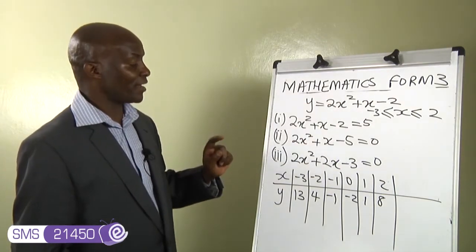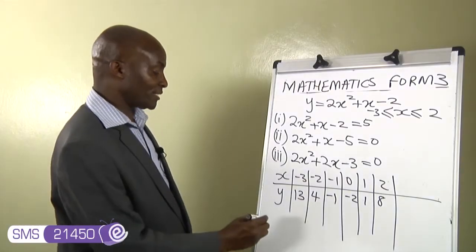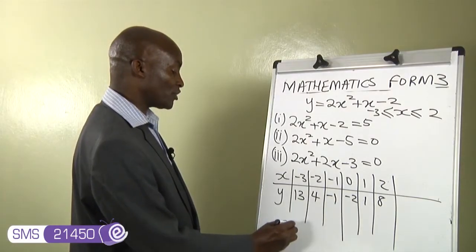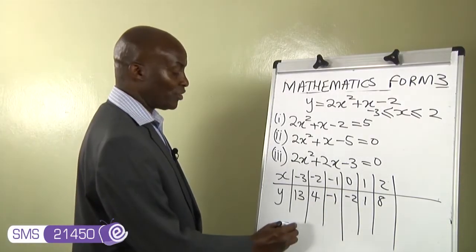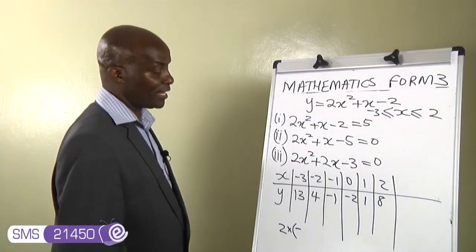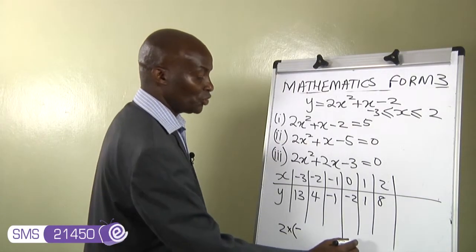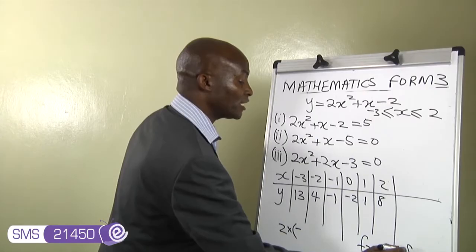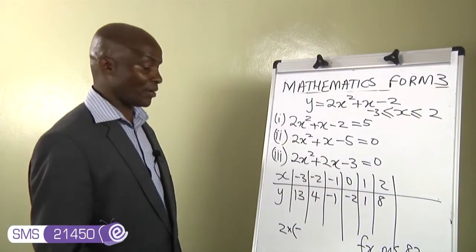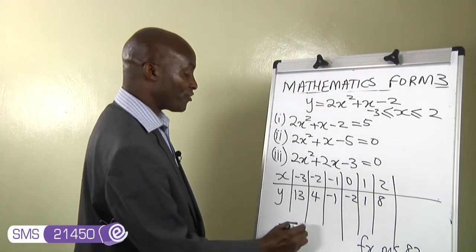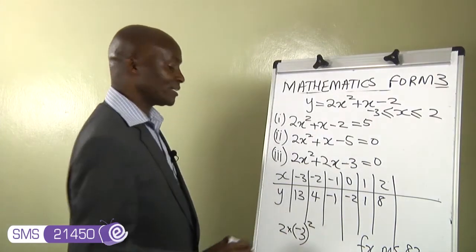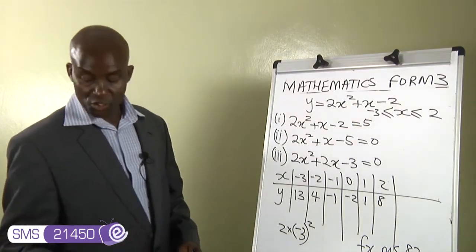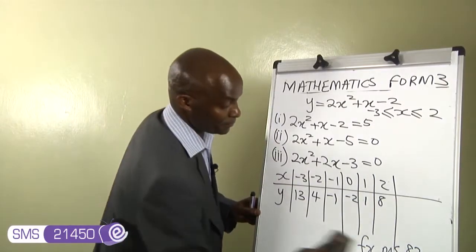When entering -3, you first press 2, then multiplication, then the bracket, and then the negative sign. I'm assuming you are using the scientific calculator FX-MS82, the recommended model. Then you press the number 3, and then the x squared key, so that you get the correct solutions.